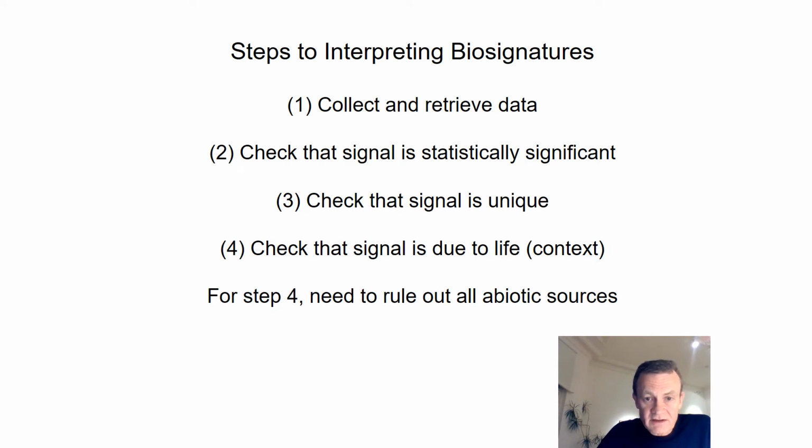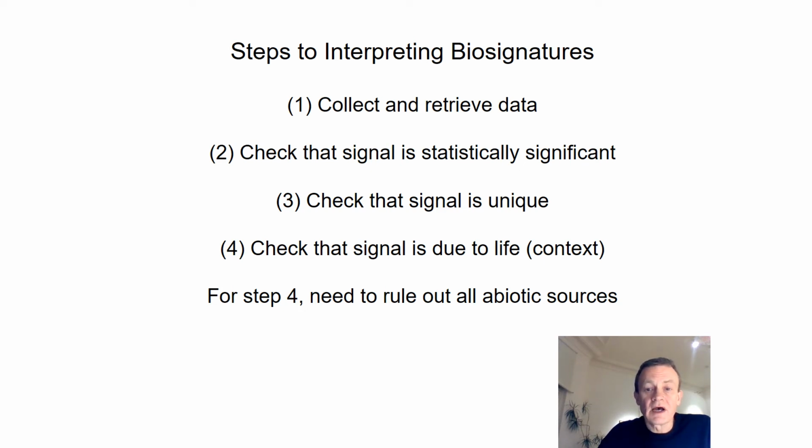Step 3, we check that the signal is really the species that we think, and it's not some other species, or overlapped by some other bands, like CO2 and ozone bands overlap at 9.6 microns, for example. And then step 4 is the critical step. We have to know the context of the planet.